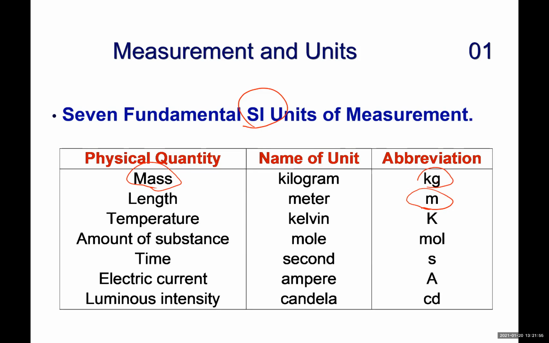The mass is expressed in kilograms, although you measure mass in grams and micrograms, but in scientific paper, when you're reporting, you report it in terms of kilograms. If you're measuring temperature, you measure temperature in this country in Fahrenheit, but scientific system is using Kelvin.